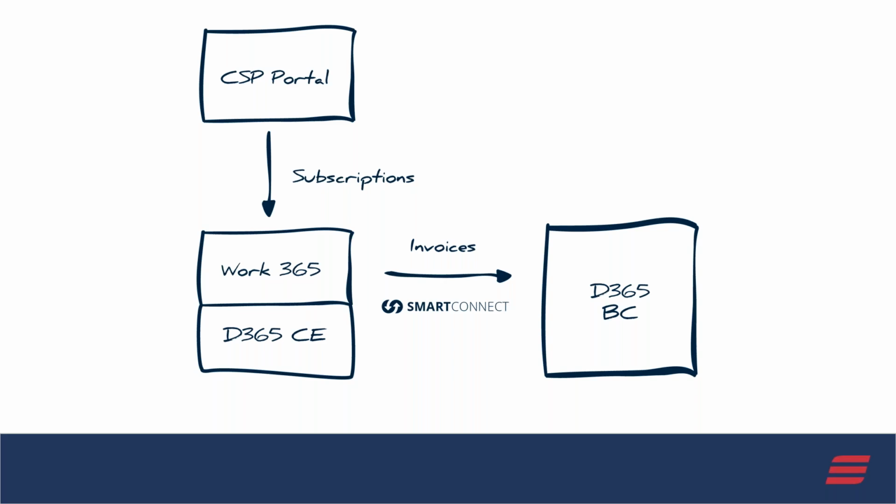And that is where we step in, because as Work 365 or whatever tool you have builds those invoices from your CSP billing, they're still just sitting in Dynamics 365. What we've found with almost all the partners we've talked to, where we've implemented something, is that the basic CRM to Business Central default connector doesn't handle what they need in terms of when they want those invoices synced across.